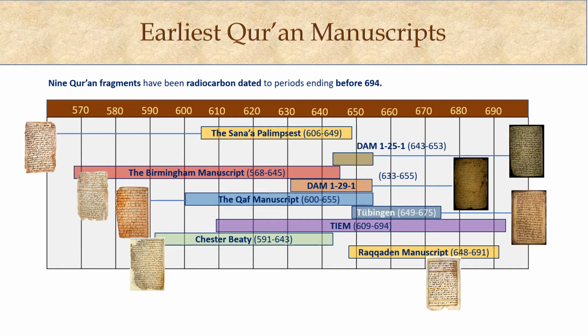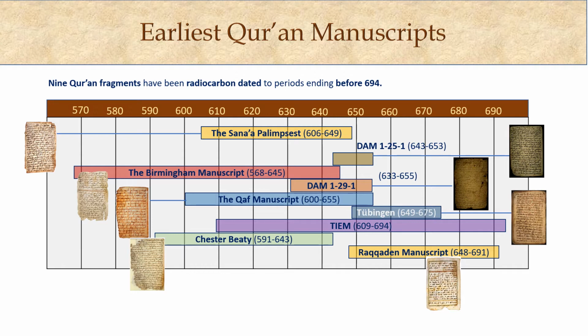To the best of my knowledge, 9 manuscripts containing the text of the Qur'an have been radiocarbon dated and shown to have been written on parchments made from goats that died before 694. These are plotted on the chart that you see on the screen.